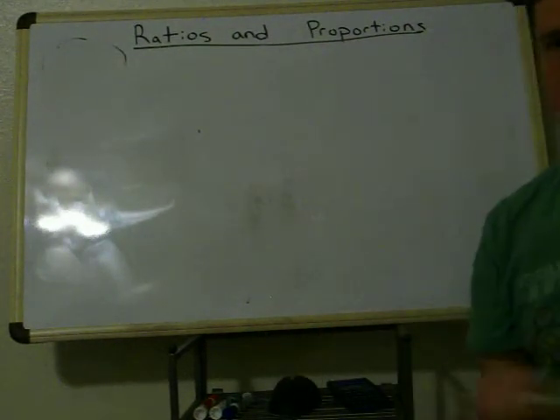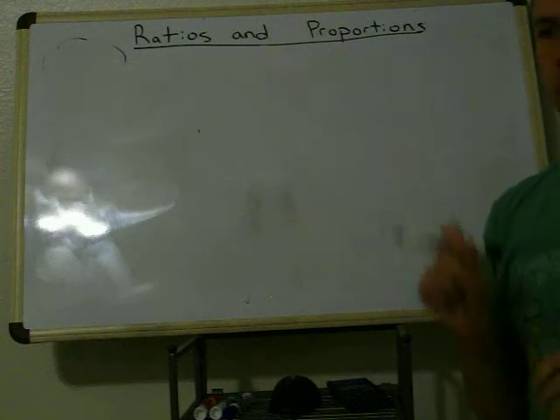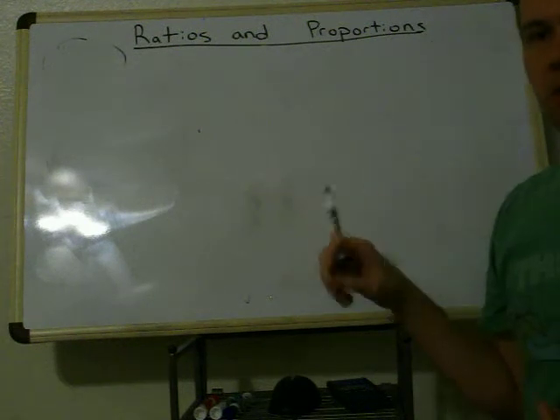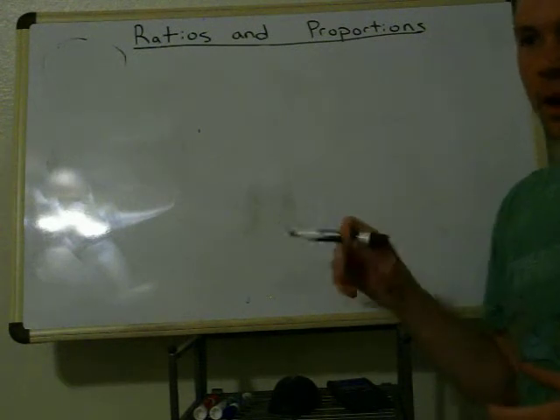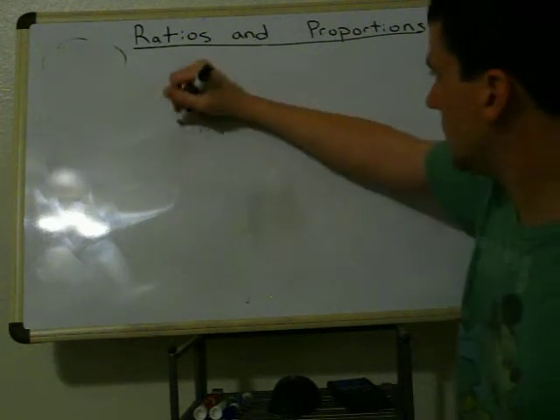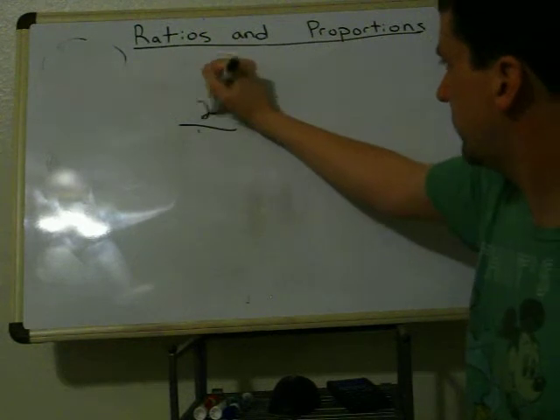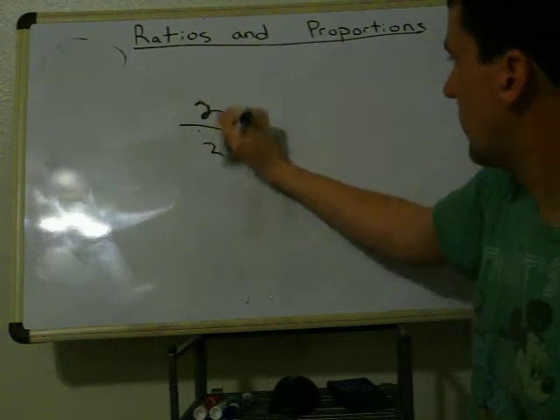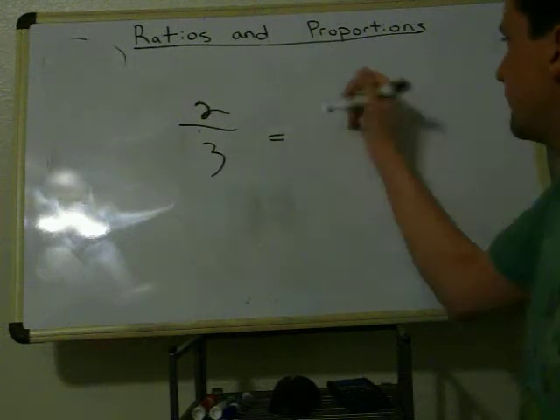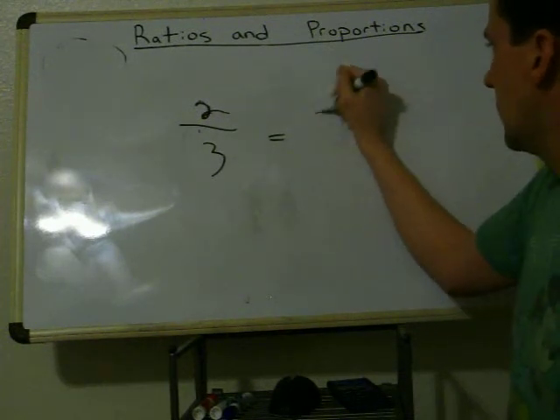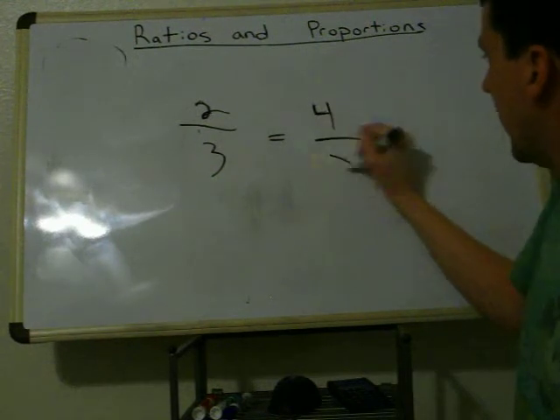All right, there might be some times when you have your unknown answer that you're trying to get on the bottom, and that's fine. So let's just say we have a ratio of 2 over 3 is equal to 4 over x.